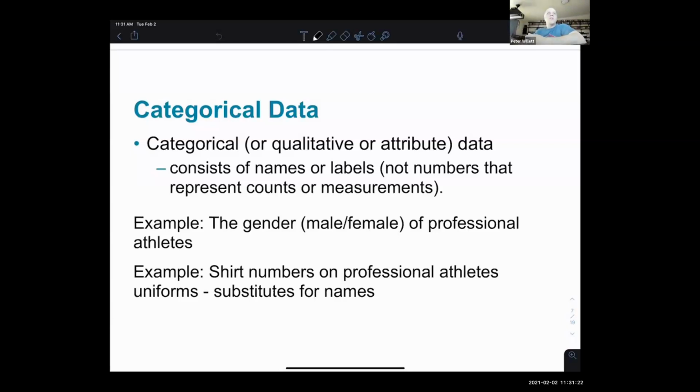So that's why when it says not numbers, it specifies not numbers that represent counts or measurements. So that's pretty subtle. So let me put a challenge to you guys. Can someone think of another example of data where they're numbers, but they're sort of categorical numbers? It's not a quantitative measurement, even though they're numbers.